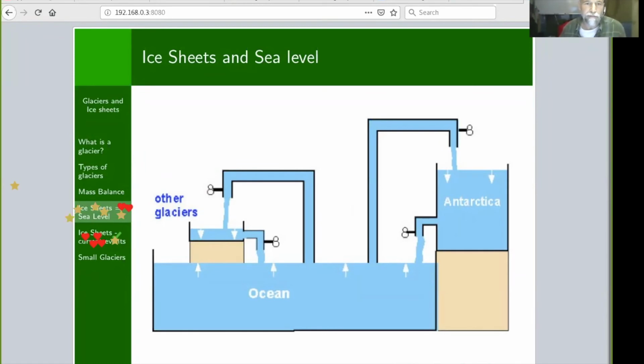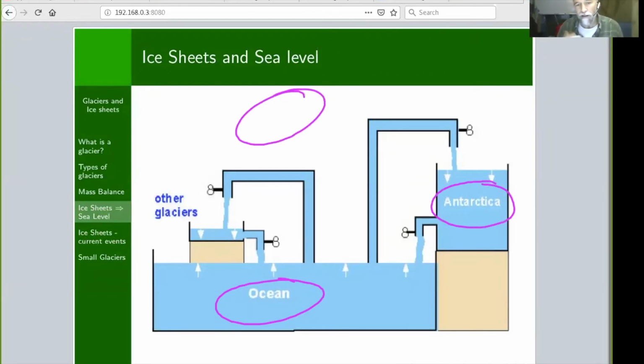Let me just clear these annotations. Fundamentally, ice sheets and glaciers are part of what we refer to as the water cycle, in which you've got storage in the ocean, storage on land ice, and storage in clouds.